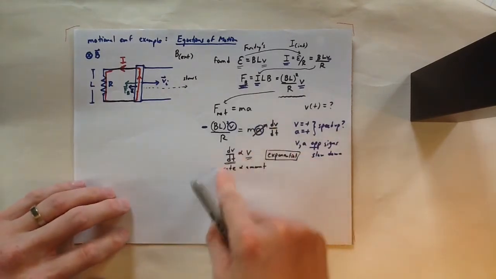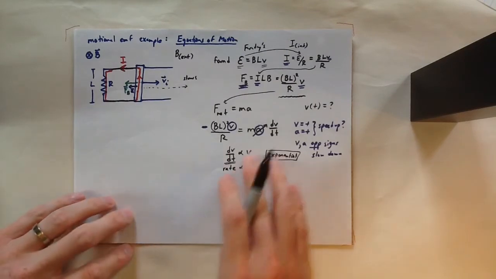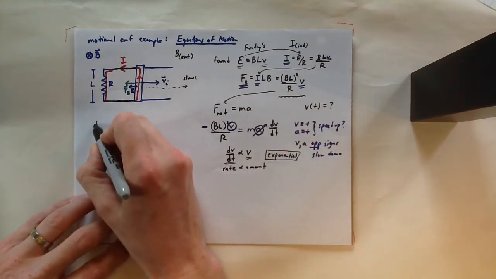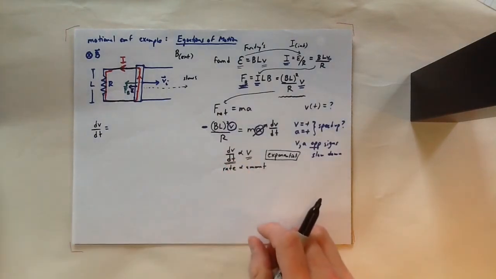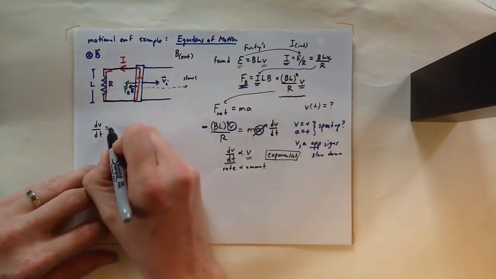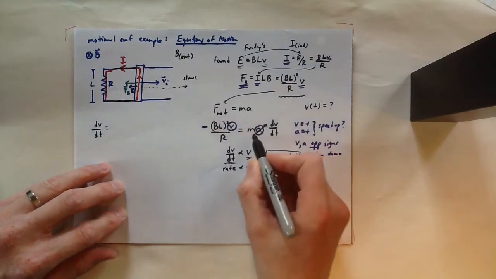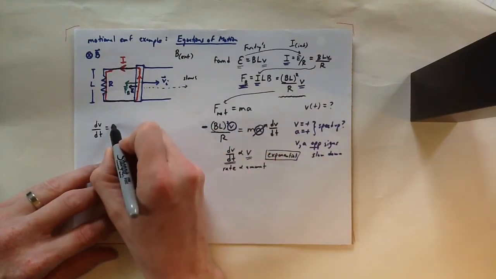So let's go ahead and work out the details. If you work out the proportionality constant, you just have to bring the mass down here.